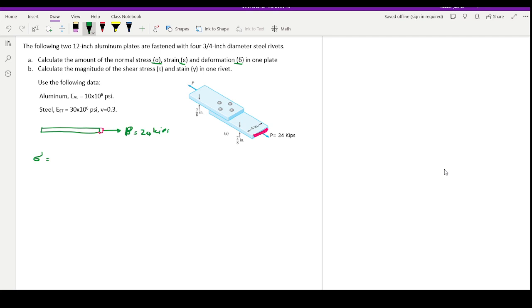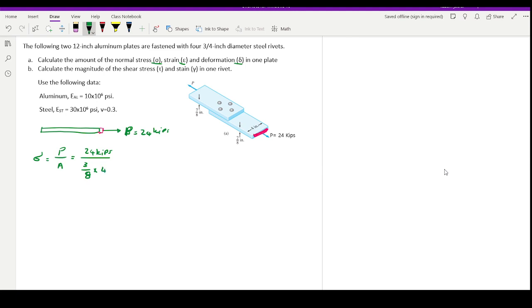Sigma is very straightforward. P over area. P is 24 kips, and area is the area of this plate. It's 3 over 4, 3 over 8 times 4 inch.